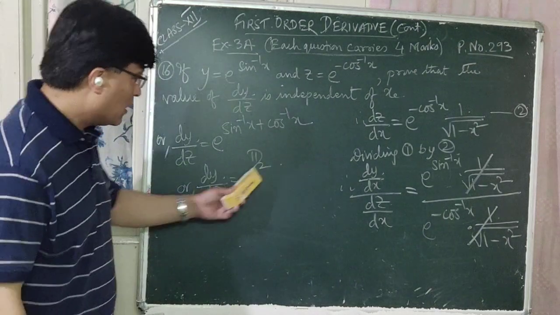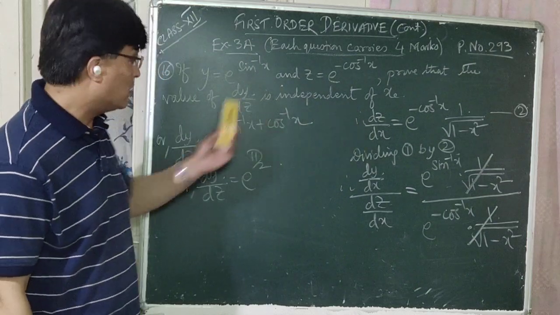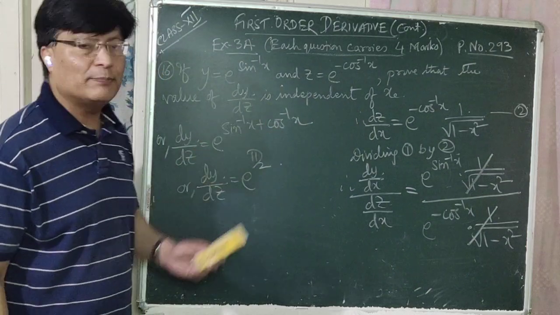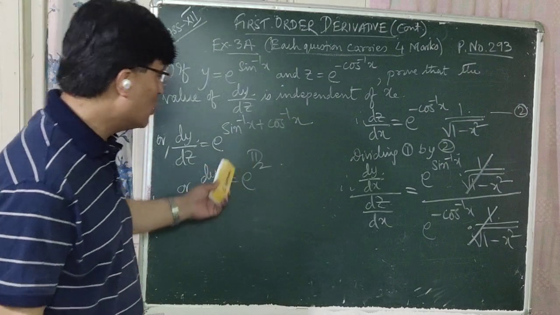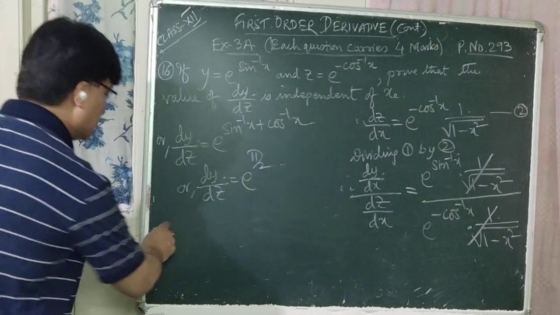That means this is the term which is free from x. That is, the value for dy by dz is independent of x because there is no term containing x in the answer. So what can you write here?